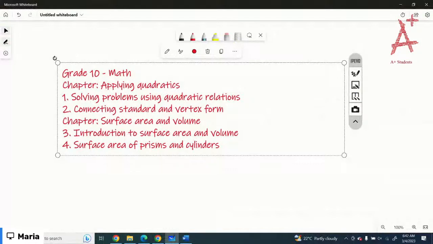Then we started the new chapter, surface area and volume, from a+students.com: introduction to surface area and volume, and surface area of prisms and cylinders. Please make sure before the next session you complete all the test questions for the lessons we did today.